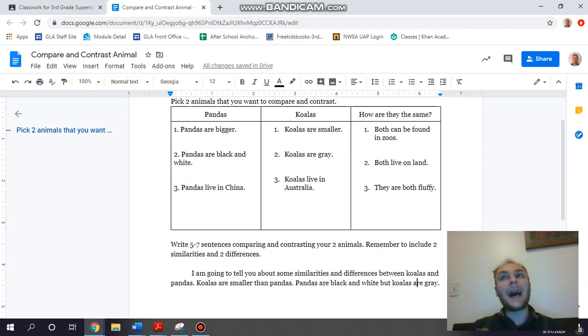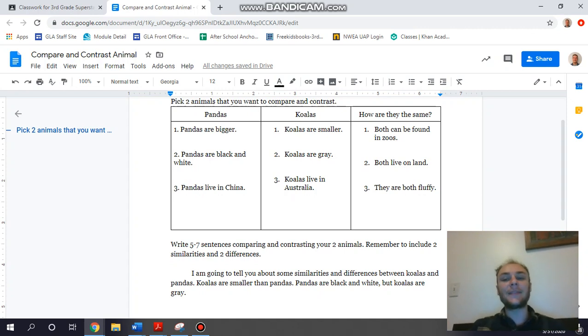Now, I also need a comma in this sentence because I'm connecting something that's about koalas to something that's about pandas, and I'm putting them together with a conjunction. My conjunction is but. So I need to put a comma after white because I'm connecting my two sentences together to make them one sentence.